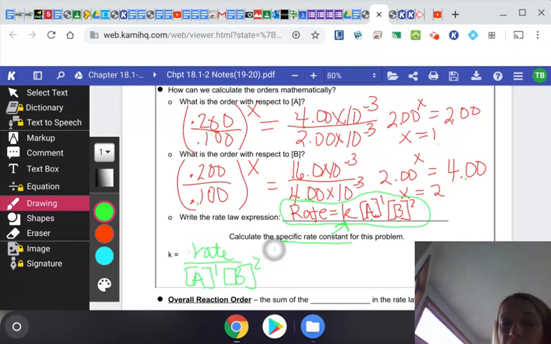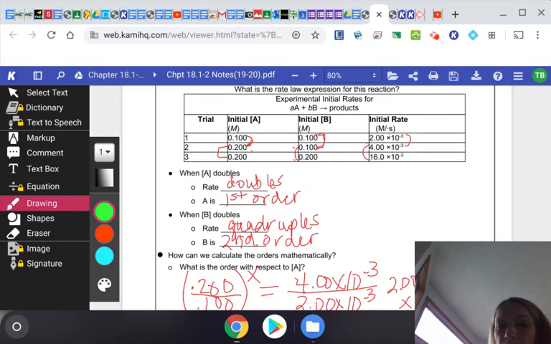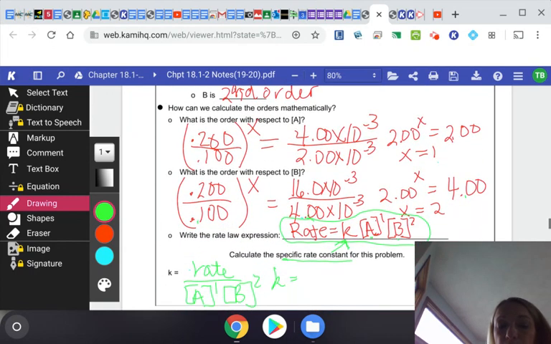And then to calculate K, I'm going to plug in the numbers from trial 1. So I'm going to use trial 1 data in these spots here. So my rate for trial 1 was 2.00 times 10 negative third, and my concentration for A was 0.100, and my concentration for B was 0.100.